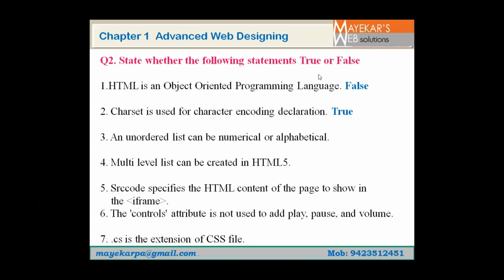It displays the list of elements in bullets or circles. So an unordered list can be numerical or alphabetical? It's false, because an unordered list is displayed in bullets, not in numbers or alphabets. So this statement is false.